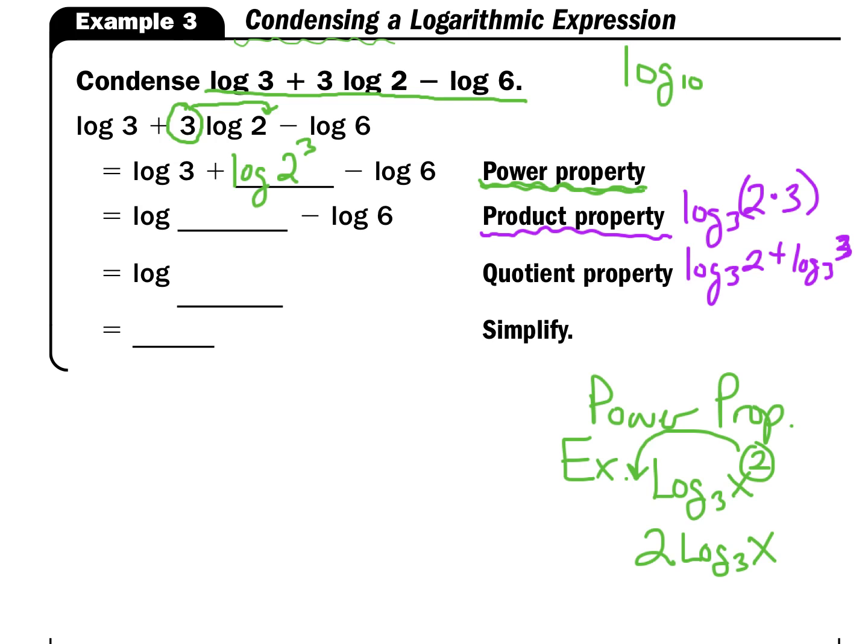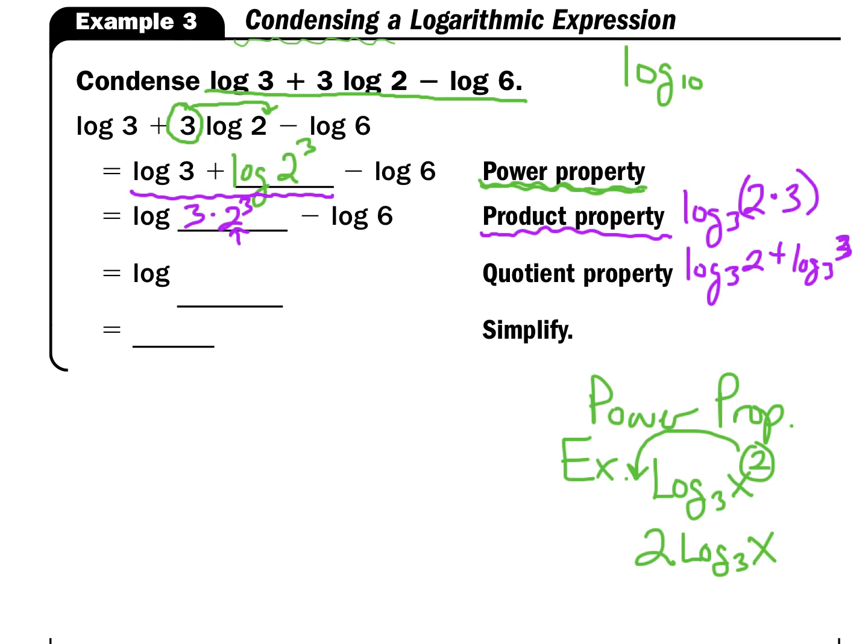So we're doing the reverse of that. So now we look for sums. Well, I have a sum of log of 3 and log of 2 to the third. So that would be the log of 3 times 2 to the third. Eventually I'm going to have to use my order of operations and take care of that term first.